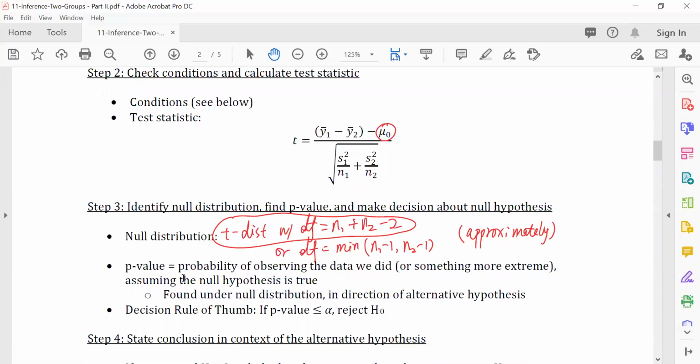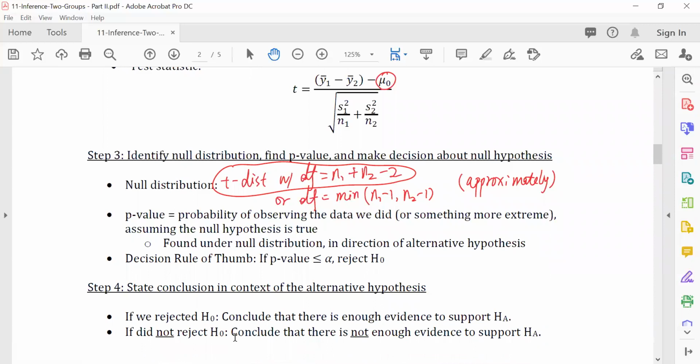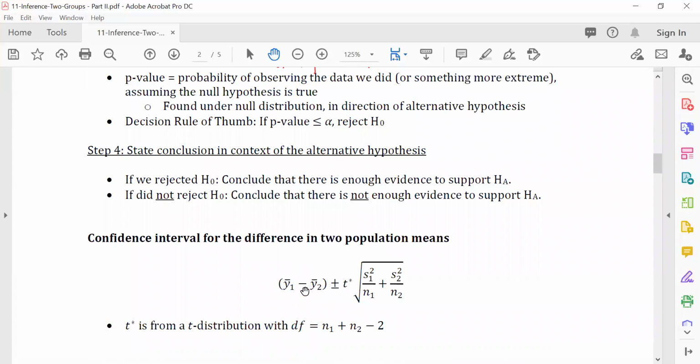Then we find the p-value. We make the decision based on the rule of thumb. Then we state the conclusion in context of the alternative hypothesis. These all should be straightforward to you. Then the next thing about the inference is to calculate the confidence interval. And this is the formula you are going to use to calculate the confidence interval. Again, it's the same idea.